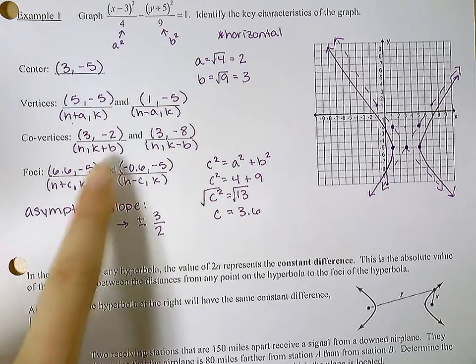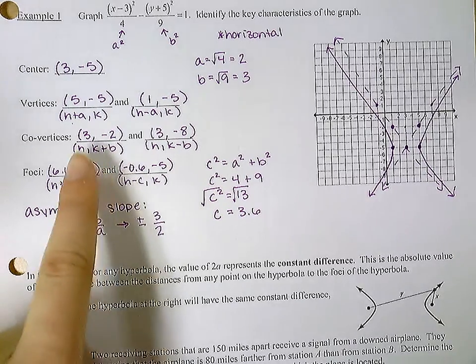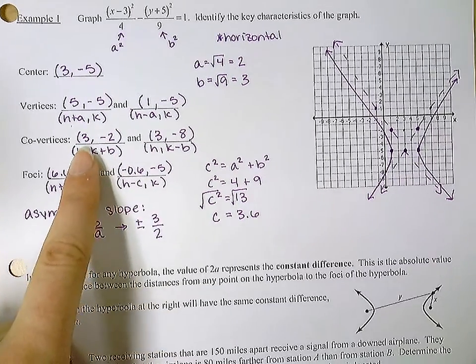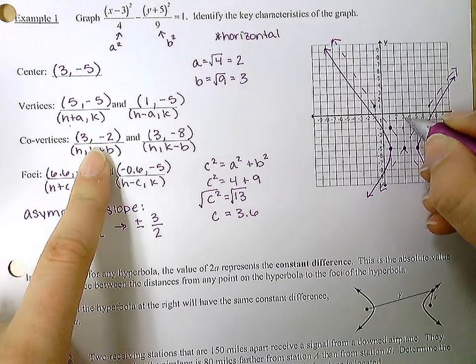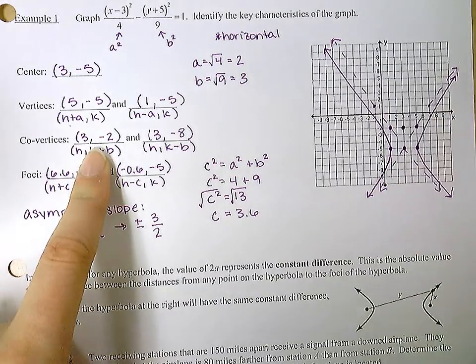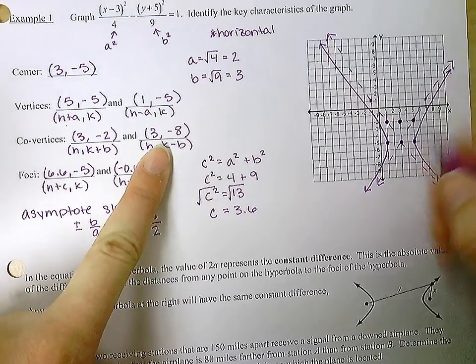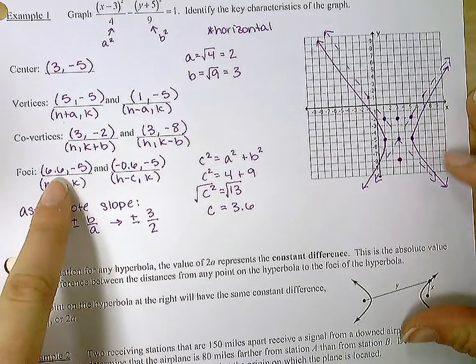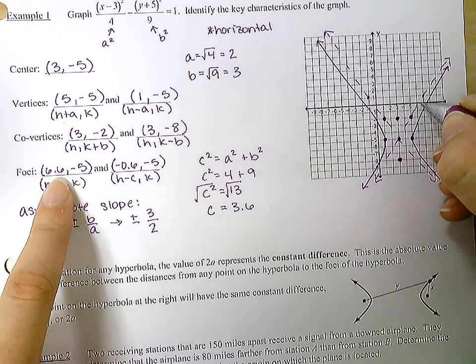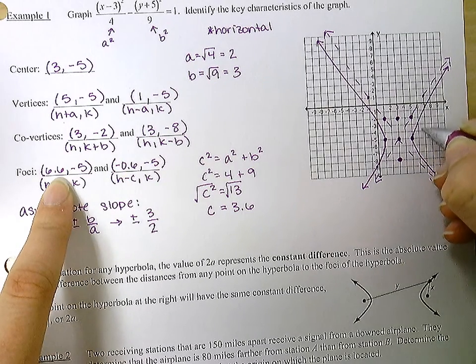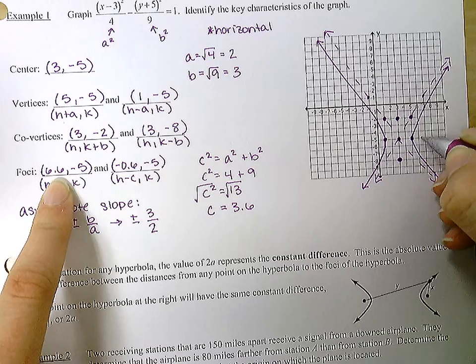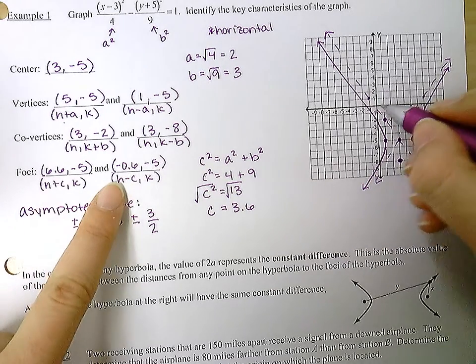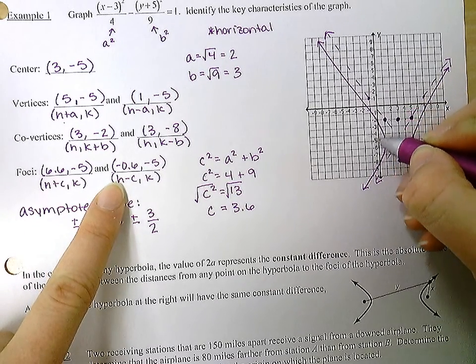You can also plot your covertices and your foci points. So I have a covertex at 3, negative 2, right there, and 3, negative 8, right here. And then my foci points at 6.6, negative 5, and negative 0.6, negative 5.